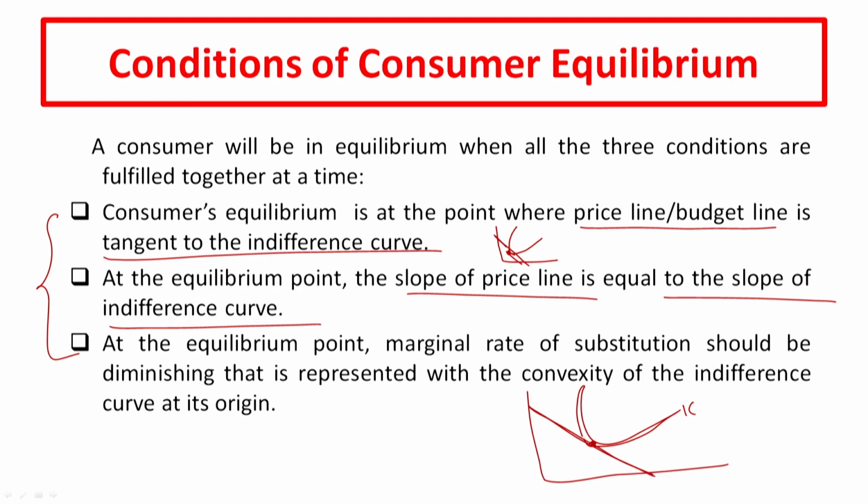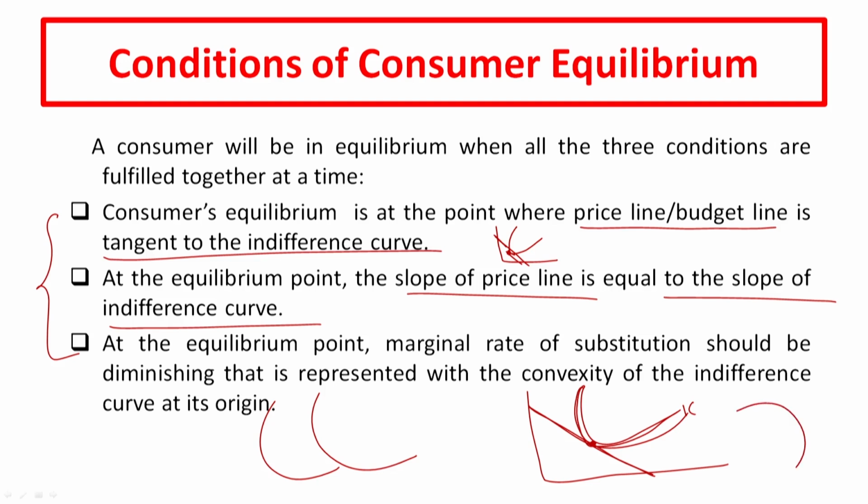And the third condition, the marginal rate of substitution should be diminishing, and this is represented by the convexity of the indifference curve. Your indifference curve is convex. When your indifference curve is like this, that means marginal rate of substitution is diminishing or indifference curve is convex.